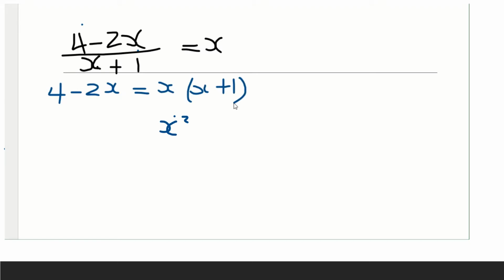So our next step is to just factor out our bracket here, and doing that we have 4 minus 2x, and that's equal to x times x, that's x squared, and x times 1, that's x.